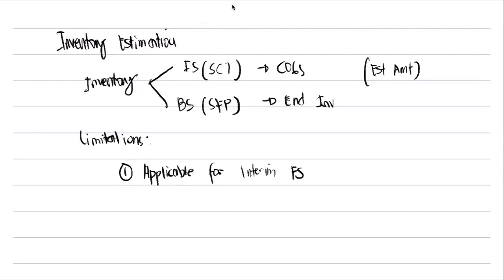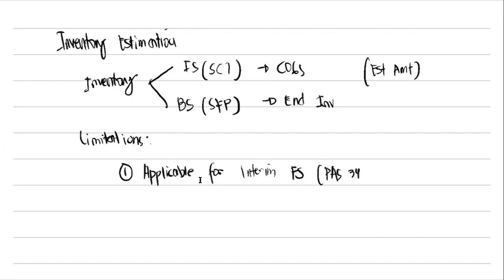So what is an interim financial statement again? An interim financial statement is a financial statement, not an annual statement. So any period of financial statement that is not an annual financial statement is an interim financial statement. So why is it applicable only to interim financial statements? By the way, what is the standard for interim financial statements again?